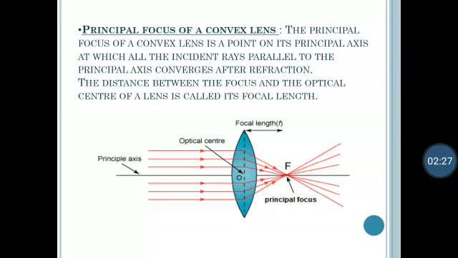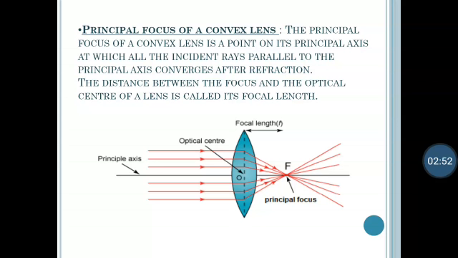Principal focus or simply focus of a convex lens. The principal focus of a convex lens is a point on its principal axis at which incident rays parallel to the principal axis converge after refraction from the lens.